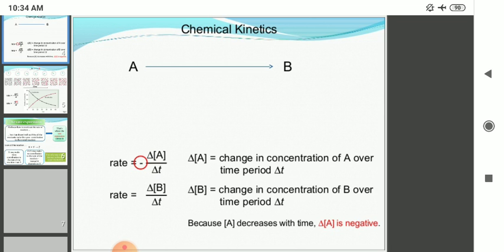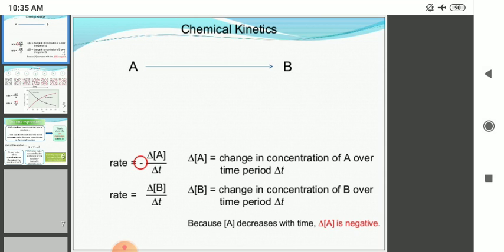Now students, why have we written the rate law like this? Why have we taken a minus sign here? The reason is that the concentration of reactants decreases in the progress of the reaction, and the concentration of product increases with the progress of time.